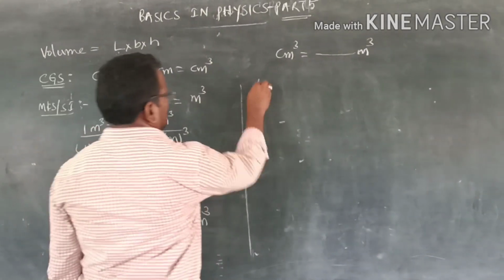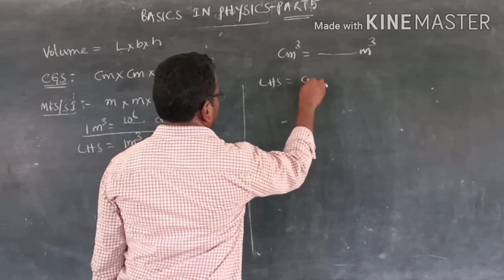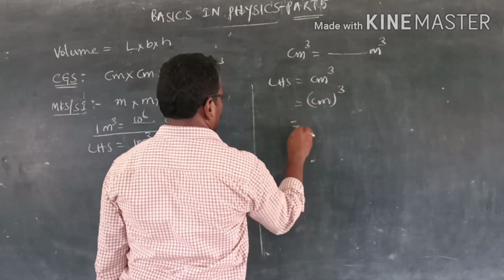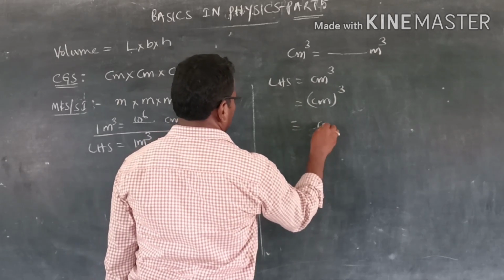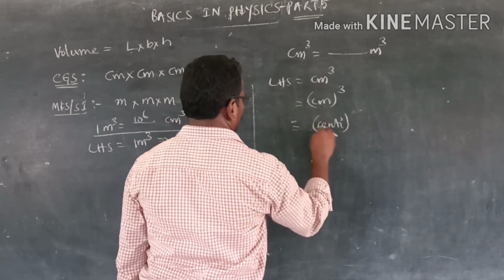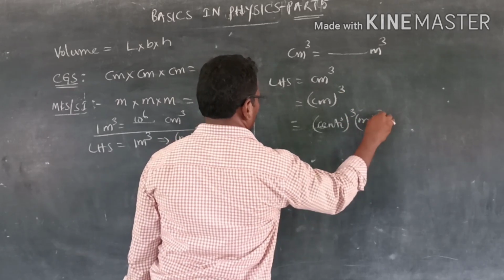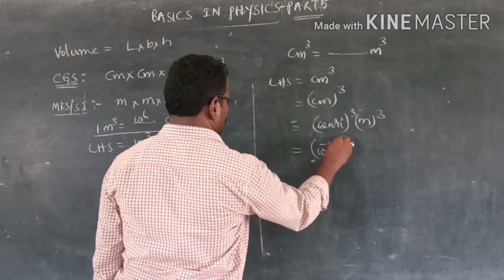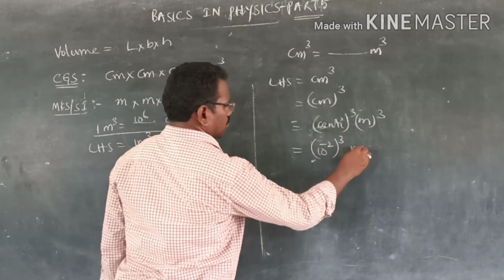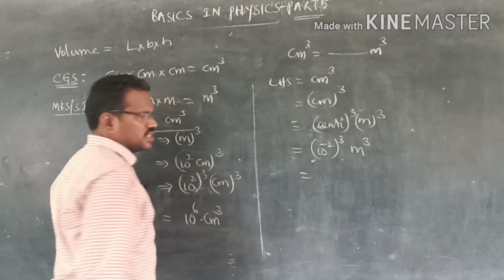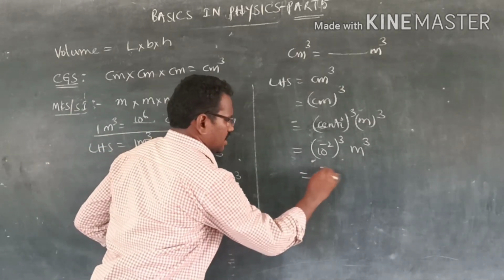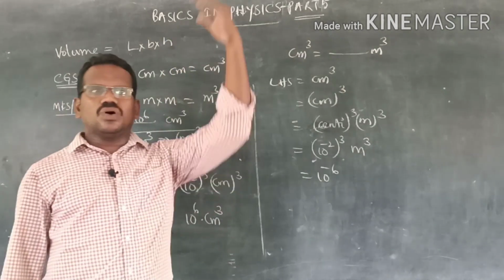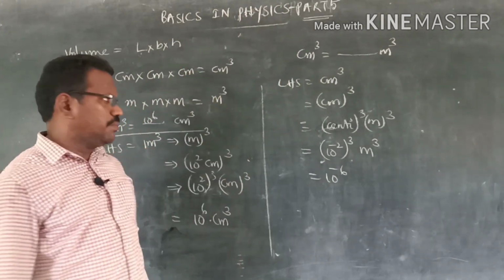Easy conversion. The given value on the LHS, centimeter cube, can be represented as centimeter whole cube. That is nothing but centi whole cube and meter whole cube. We know that centi is 10 power minus 2, whole cube, and meter cube. Now this value becomes 10 power minus 6, depending upon the formula (a power m) whole power n is equal to a power mn.